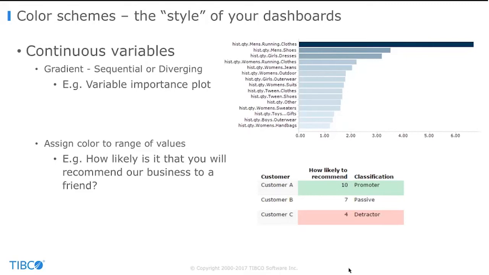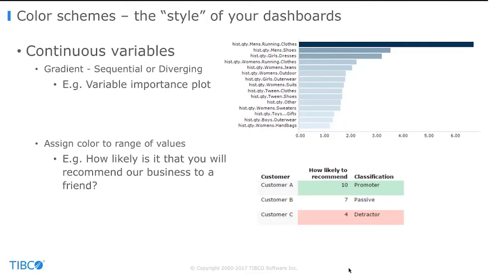Take Net Promoter Score as an example. A lot of us will often get this survey question: how likely is it that we'll recommend a business to our friend? You are given a scale of 1 to 10 to answer. While the answer that you give is not actually the Net Promoter Score itself, it's used to gauge how much of a promoter or a detractor a customer is.